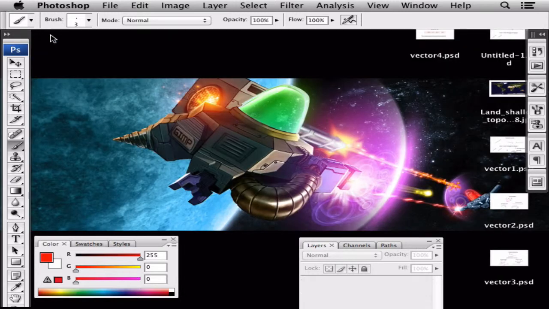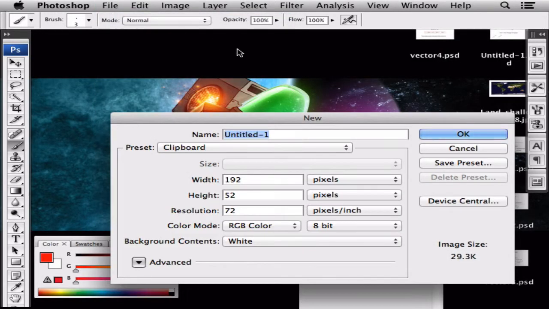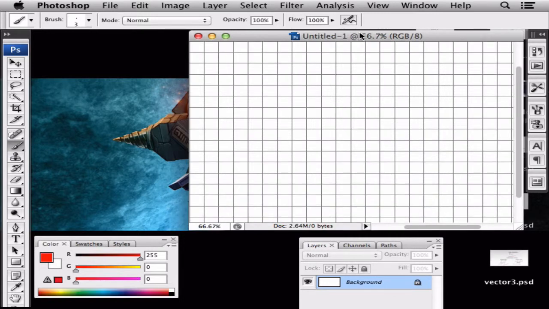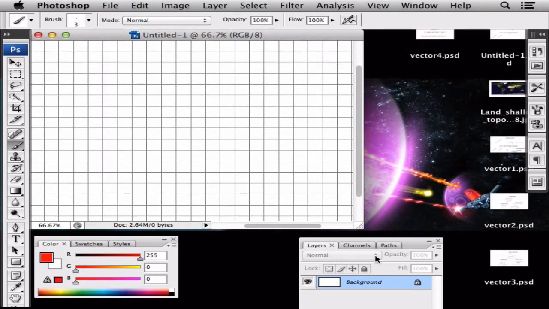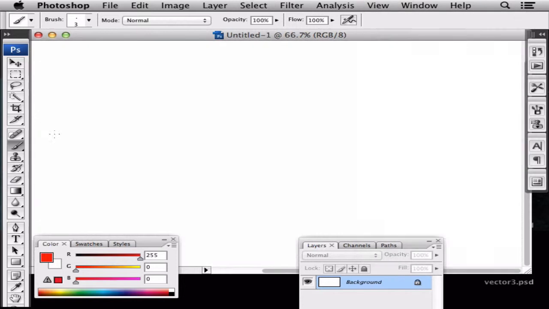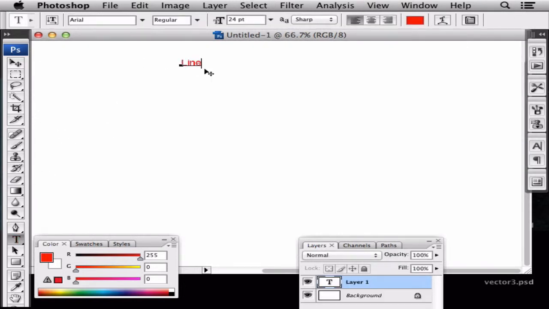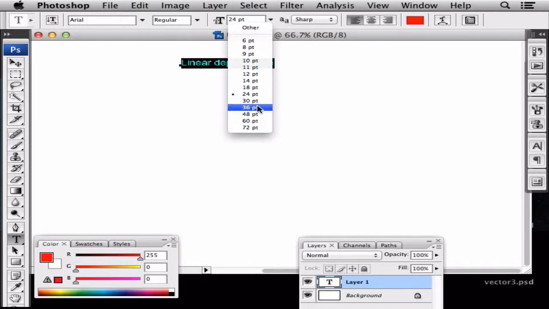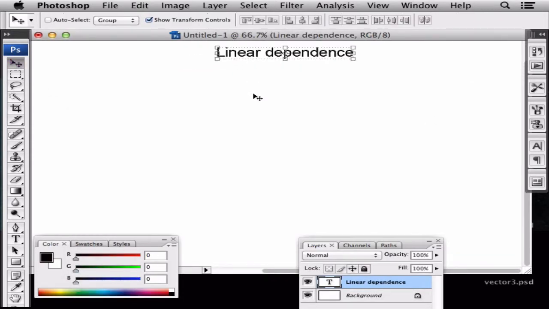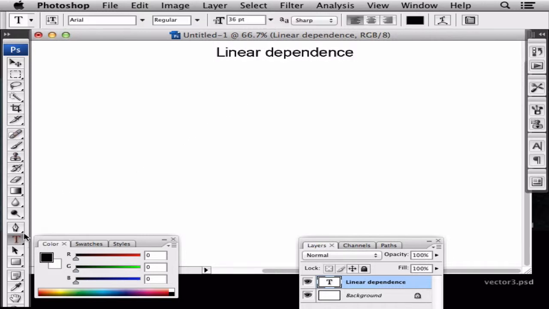Based on this topic, we can talk about something called linear dependence. This is an important property of these spaces that are spanned by a linear combination. I'm going to put something that looks like a definition here.